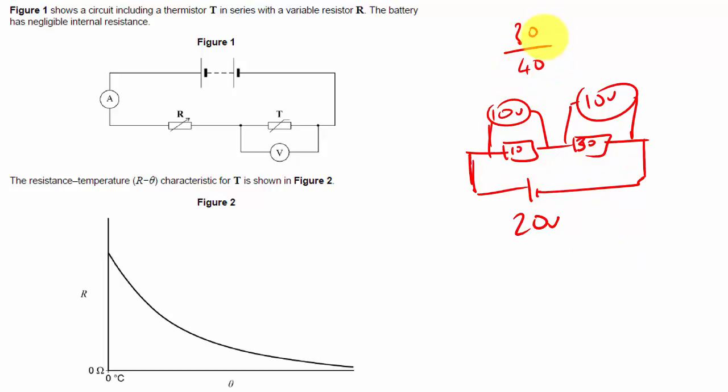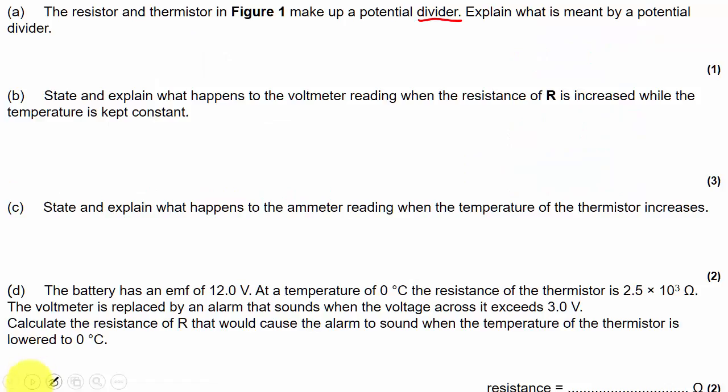So you'll get 3/4 of the voltage, and 3/4 of 20, 3 over 4, or 0.75 in decimal. 0.75 of 20 is going to be 15. Okay, and so that means that would have to be 5. Right, so that's basically what a potential divider is, and that's how it splits up voltage. So we've answered that one.